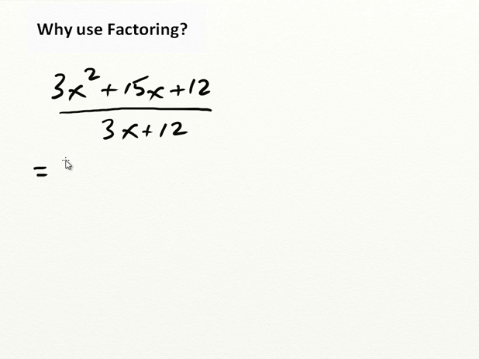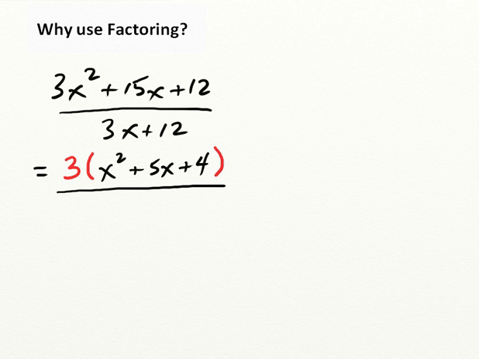So if I factor a common 3 out of the top terms, 3 goes into 3x squared, so x squared would be left inside, and then plus 5x, and then plus 4. That works out really well. And lo and behold, on the bottom, both of these terms also share a common factor of 3. So I could do the same thing to the bottom as well.